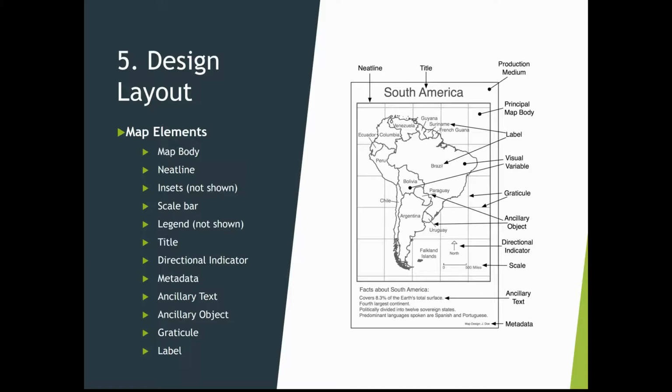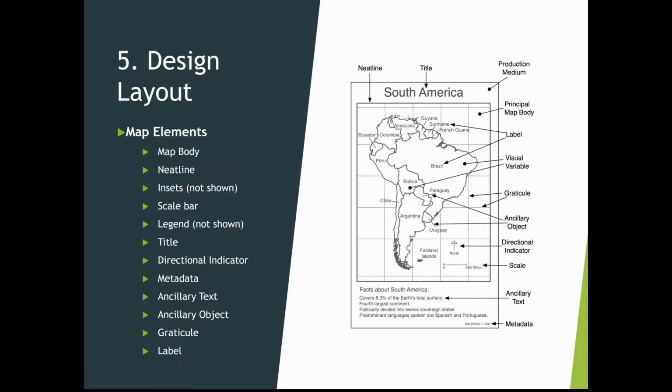The metadata is the documentation for the map and the data displayed on the map. Metadata should include items such as the date the map was created, the author of the map, and data sources for the map data as shown on the map body. Ancillary text and ancillary objects are elements included in the map layout to support the map's message.